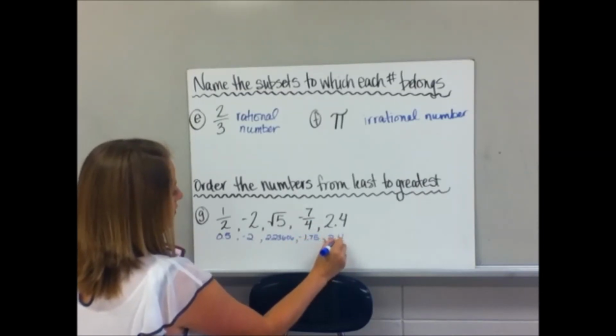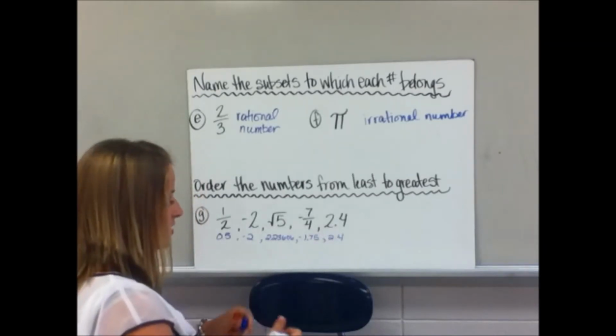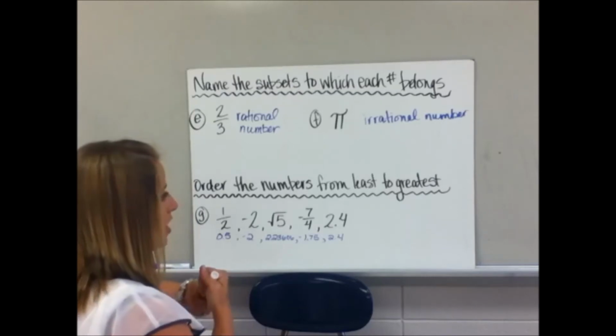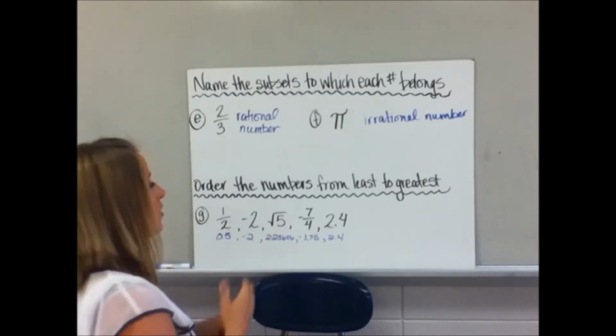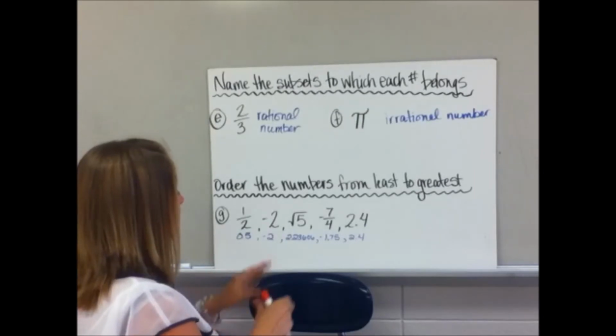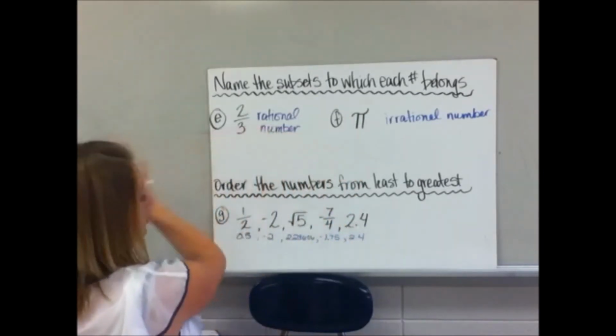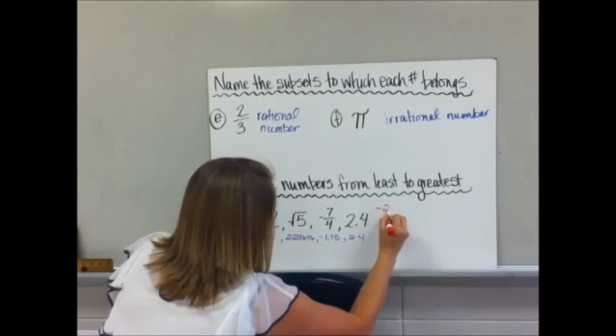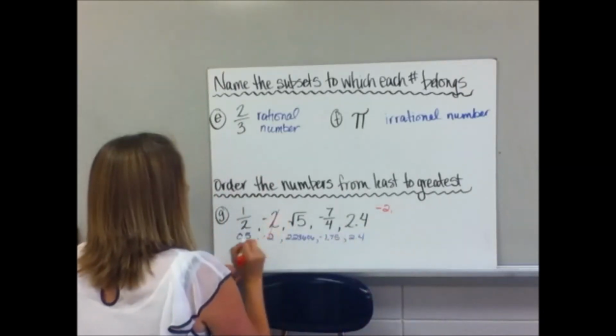Now that I have them translated, I'm going to write them in the correct order from least to greatest, and as I'm writing them in the correct order, I'm putting them back into the original language that it was written in. The least number, we're going to go to the negatives and think about what's farthest to the left, which is negative 2. So I've used that one. I'm going to cross it out.